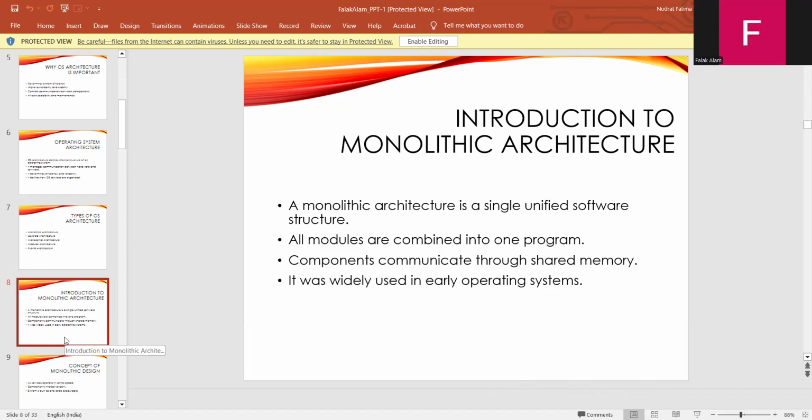Since all the components are in a large program, maintenance in this architecture is quite a difficult task.